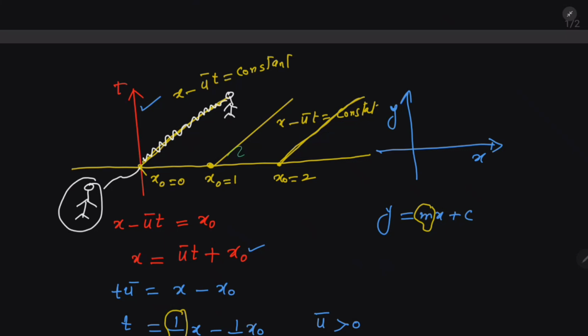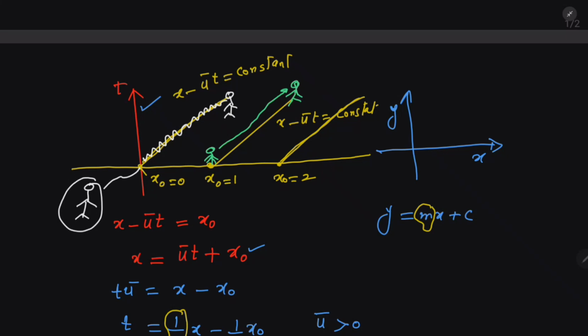Similarly, if another person is sitting on another characteristic and he or she says, for example, the weather is good, then the person sitting on that characteristic will only hear about that thing. Okay, so that was the analogy for understanding characteristics.